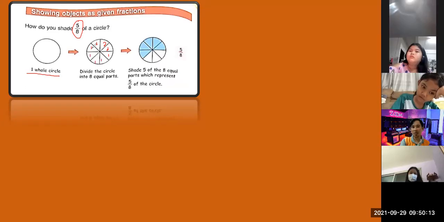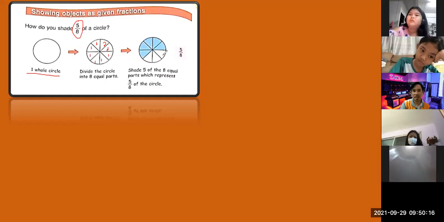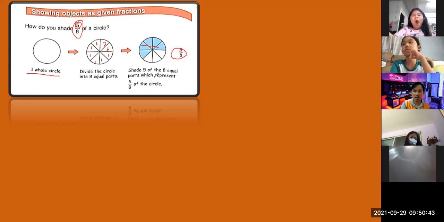So there are 8 parts already. Now you shade 5 parts. 1, 2, 3, 4, 5. So we have here 5 over 8. Divide the circle into 8 parts and then shade 5 of the 8 equal parts. Hope you understand here.